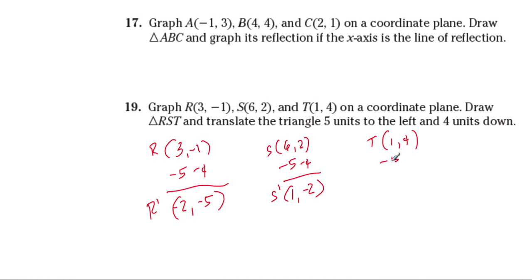You subtract 5 and you subtract 4, and you end up with our T prime, which is -4 and 0. And that's how you translate triangle RST to triangle R prime, S prime, and T prime.